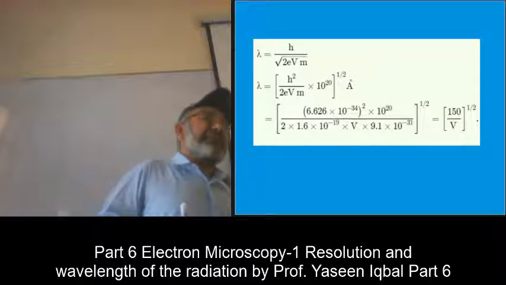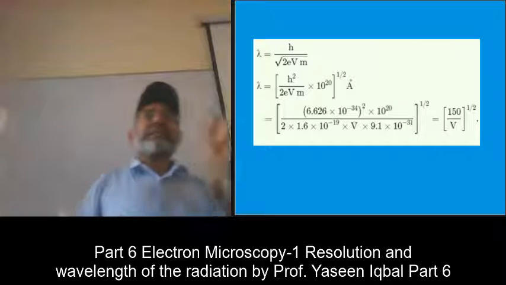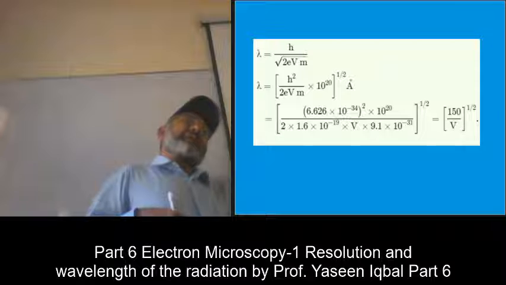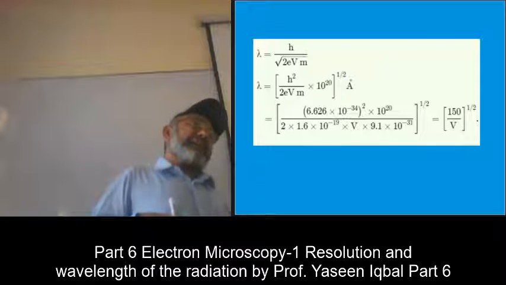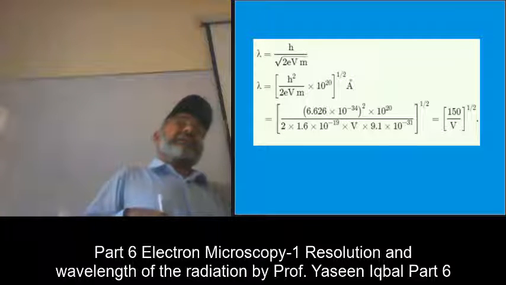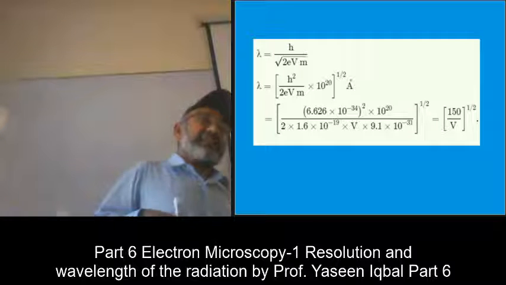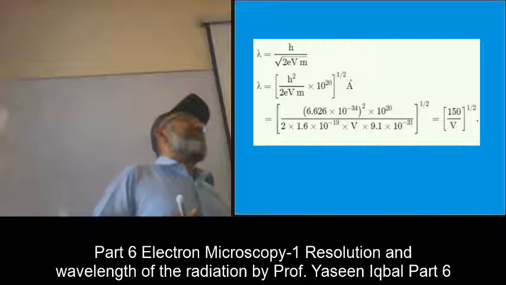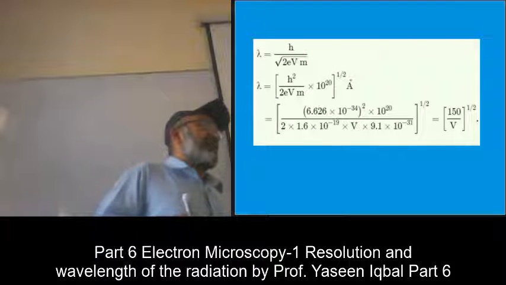They are not charged particles, but electrons are charged particles, and electrostatic potential can enhance or decrease their speed, right? So when you talk of lenses in an electron microscope, they are not lenses as you think in the optical microscope.